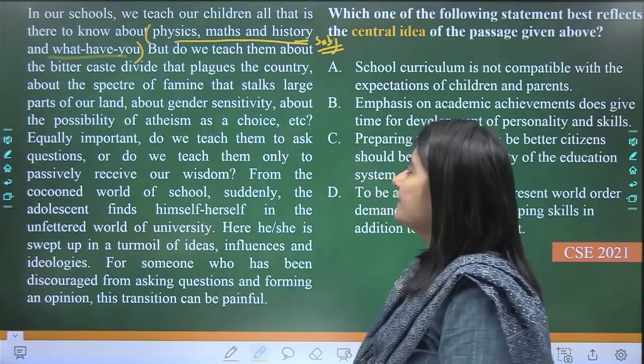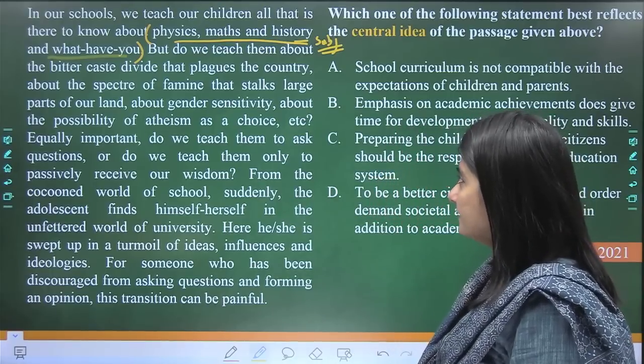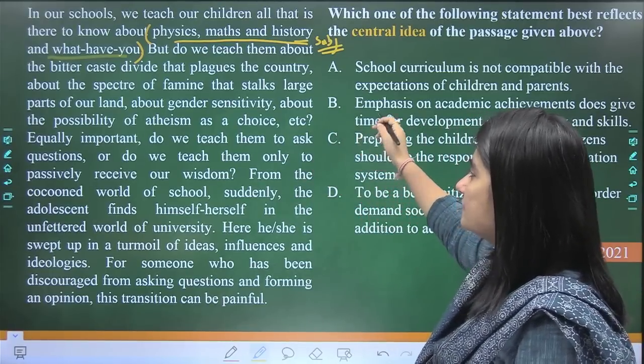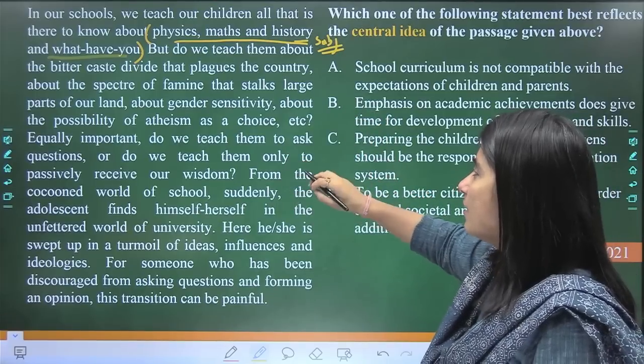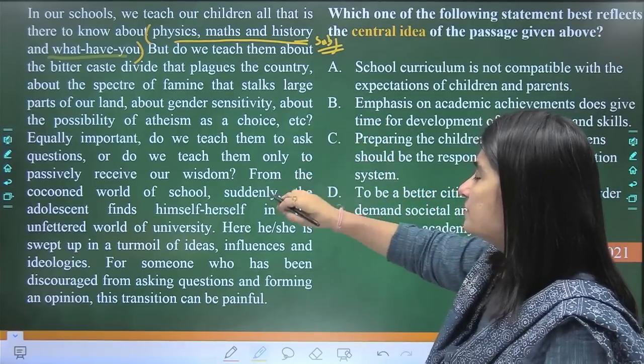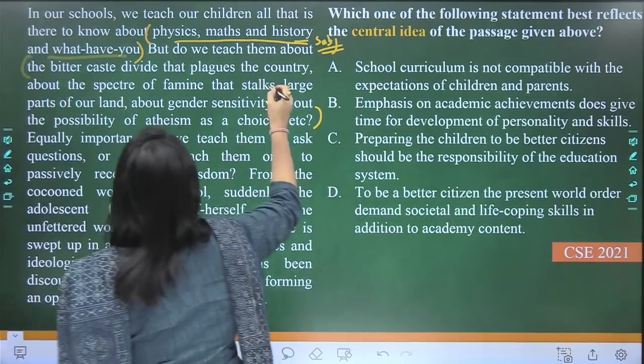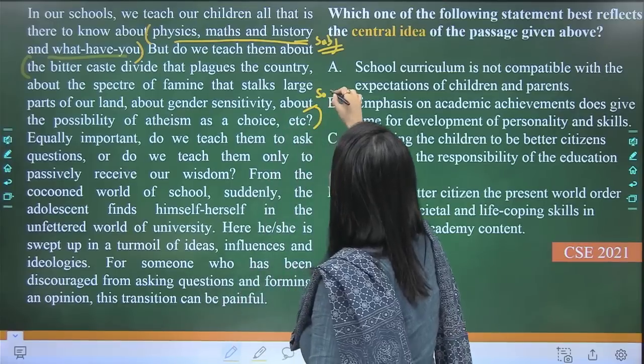But do we teach them about the bitter caste divide that plagues the country, about the spectre of famine that stalks large parts of our land, about gender sensitivity, about the possibility of atheism as a choice? So here, what are we talking about? Social issues.